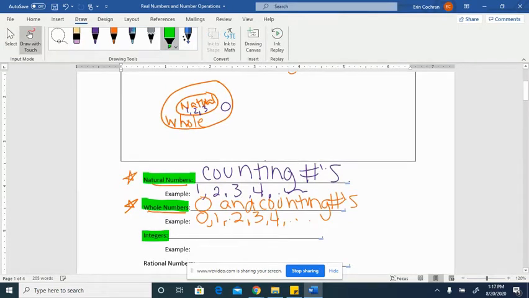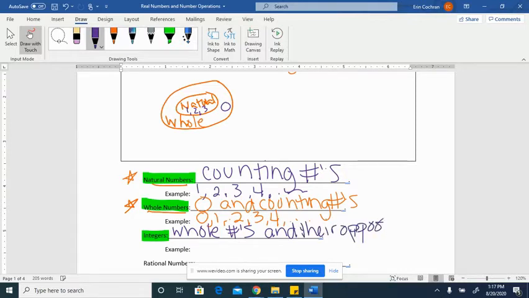Integers are all whole numbers and their opposites. So if it says all whole numbers, that means you're going to have 0, 1, 2, 3, and so on, and their opposites. 0 doesn't have an opposite because it's neither positive nor negative.